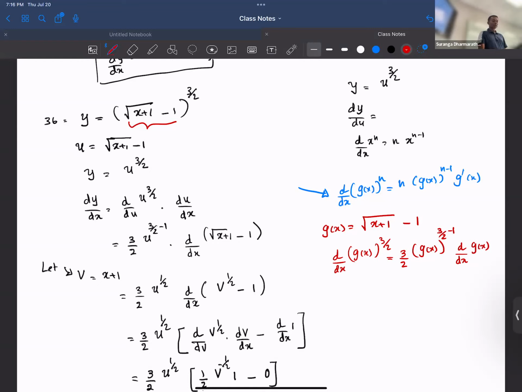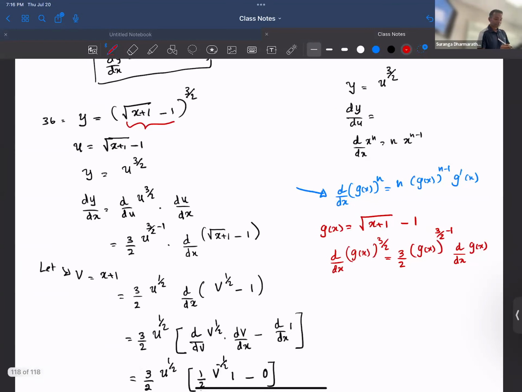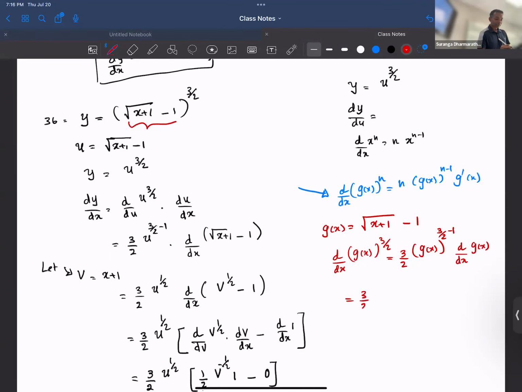What is the d over dx g of x? So you get 3/2 g of x to the power 3 halves minus 1, and d over dx g of x is d over dx.